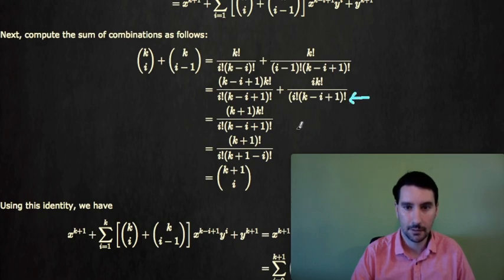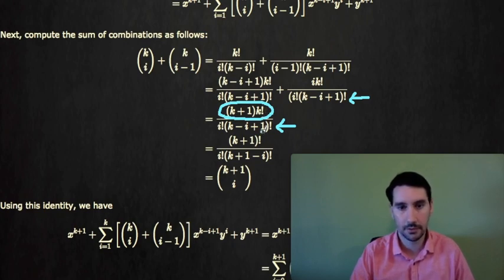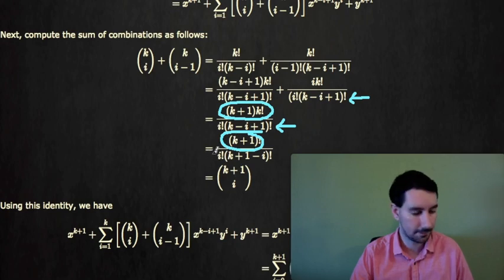The denominator is the same, so we just combine the fractions, and then we have k minus I plus 1 plus I, all times k factorial, or in other words, the numerator becomes k plus 1 times k factorial, and you can absorb that, so this is 1 times 2 times 3 up to k times k plus 1, which is just k plus 1 factorial.